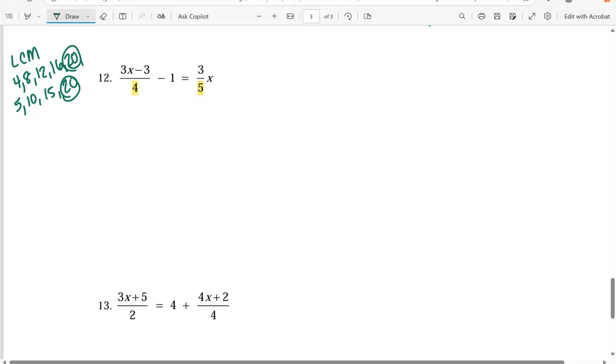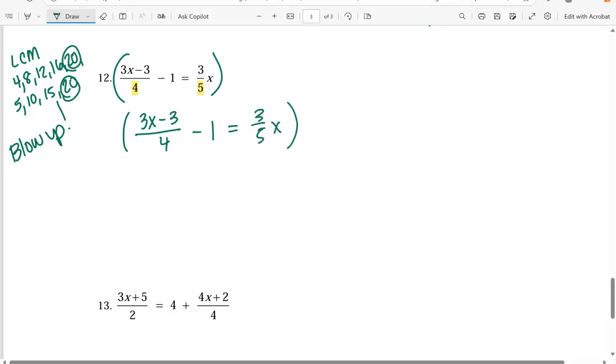That means I can blow up my fractions by taking the entire equation and multiplying it times 20. Now, keep in mind, all the denominators, all the signs, and actually, let me back up. Don't write that. I don't want to confuse you in that process, but I will say it.